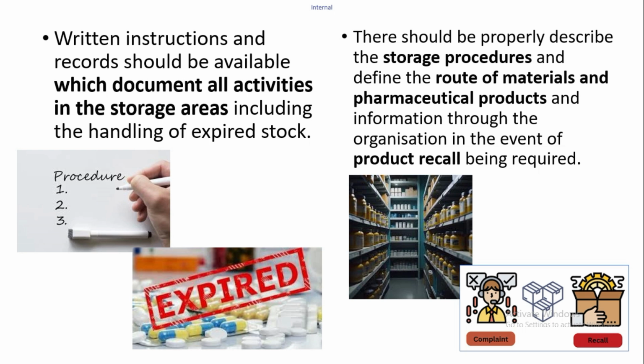A few pieces of information, not all, because there will be thousands of products and it cannot be possible to remember. It can be documented in online or electronic form, but the store person should have knowledge. And in any case, if it is recalled from the lab or from the market or from any other storage area, then they should know from where it came, how it was stored previously, and why it is being recalled.